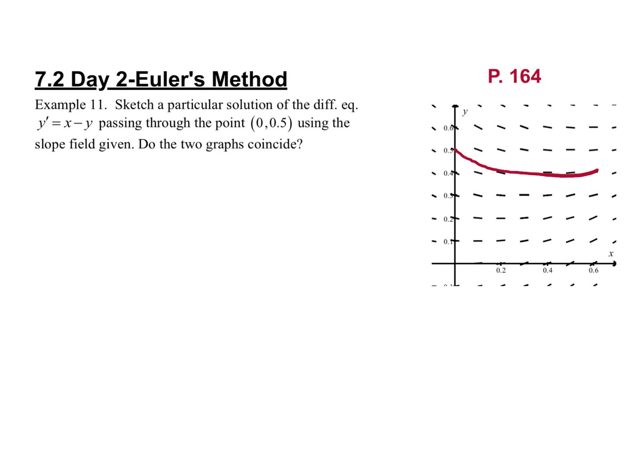And then what we want to do is lay our graph that we just drew over it and see where they line up and see visually how much of a difference there is in our slope field versus our approximated solution curve.